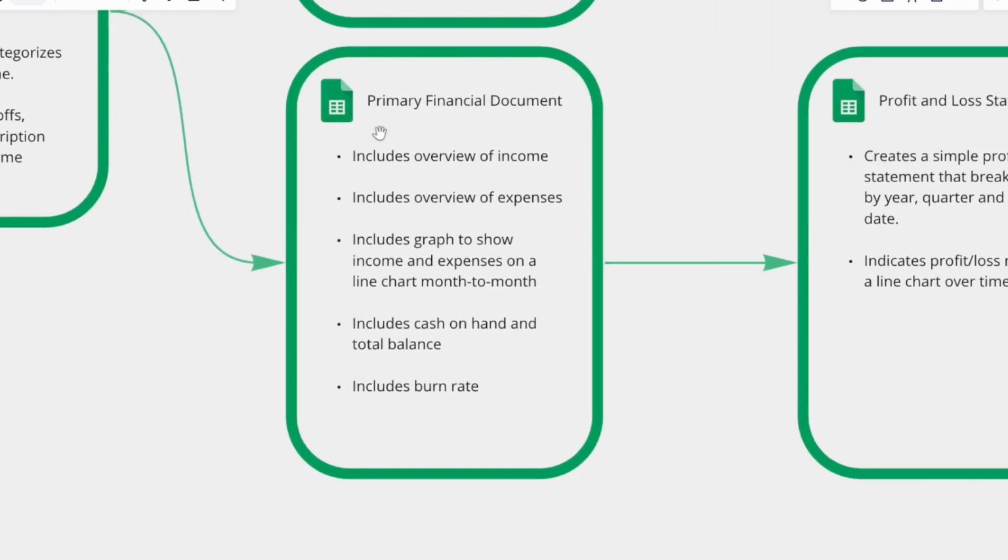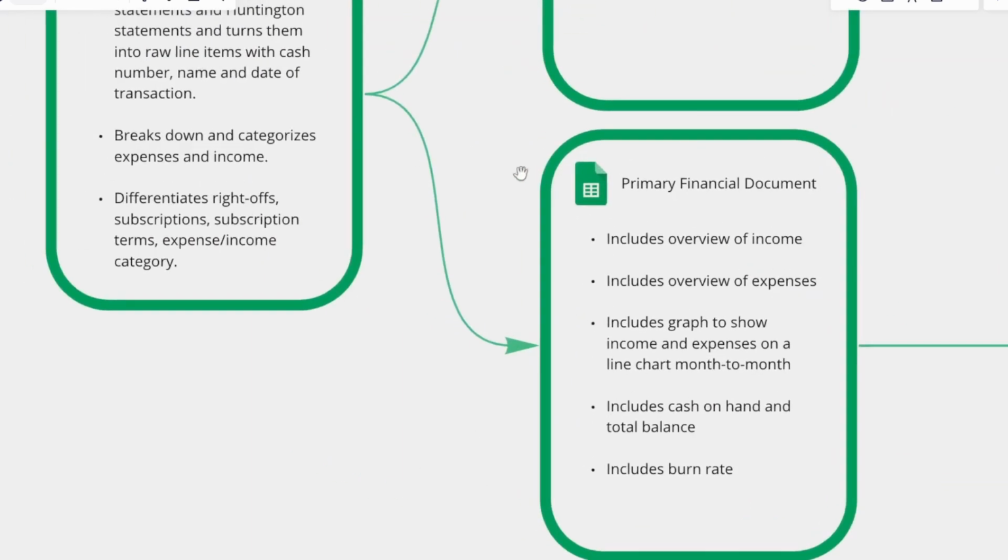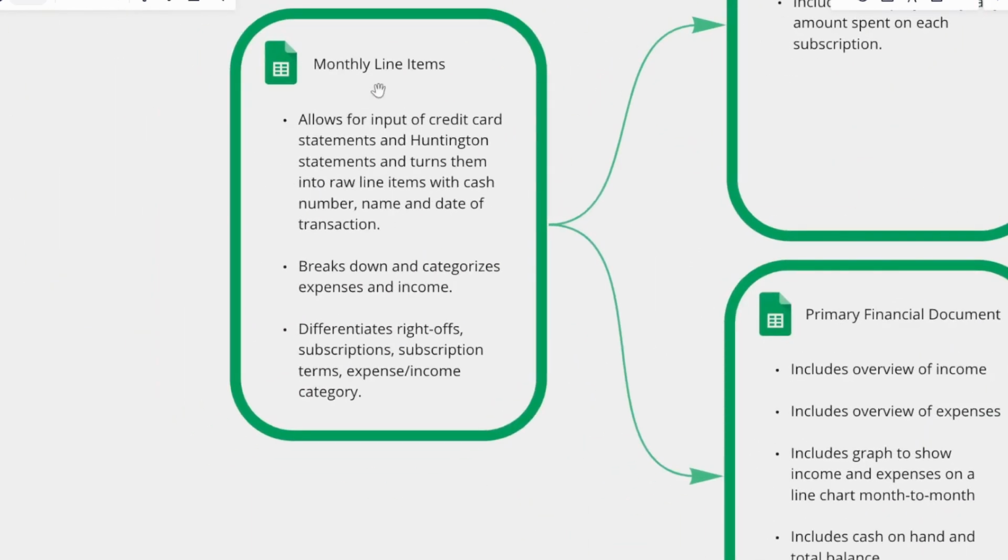Right now, I basically just have one centralized Google Sheet that I use for my finances, and I put everything straight into there. But what I'm going to be creating is this monthly line item sheet that turns all of my transactions into raw data. So that's one of the goals of this.